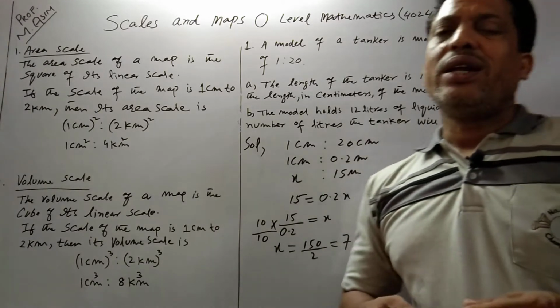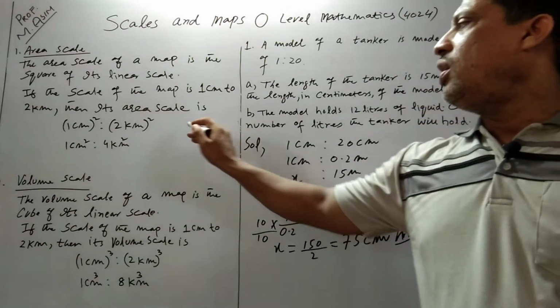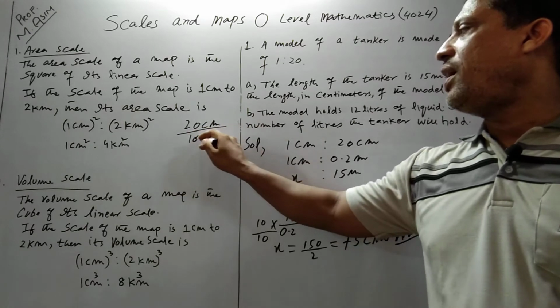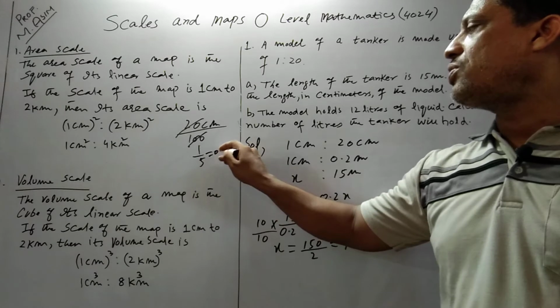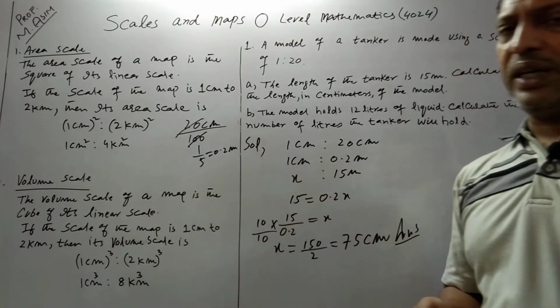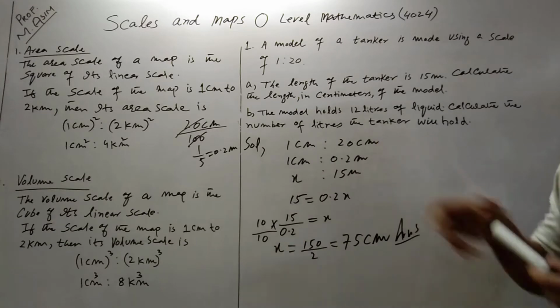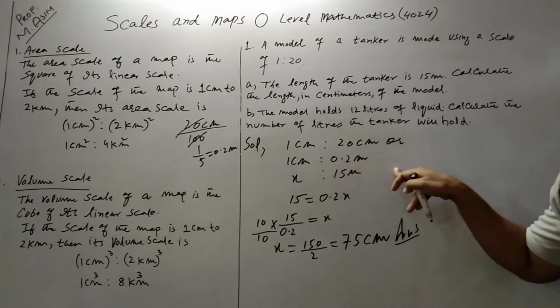You know, 1 meter has 100 centimeter. So we have to convert 20 centimeter divided by 100. 20 fives are 100, so 1 upon 5, which equals 0.2 meter. So 1 centimeter represents 0.2 meter.